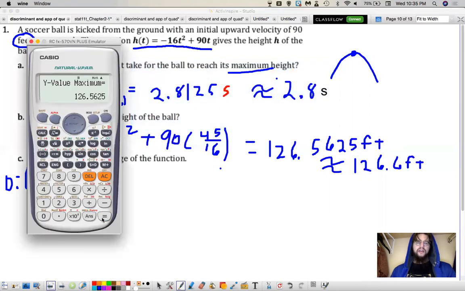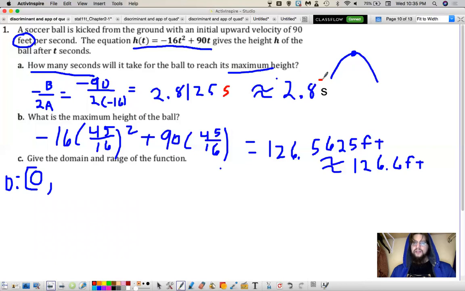And if you do the quadratic formula, that'll get you these pieces right. So this is the ground, right? So that's the ground. It's kicked from the ground, so it's starting on the ground, and it's landing on the ground. Well, we have to assume that.